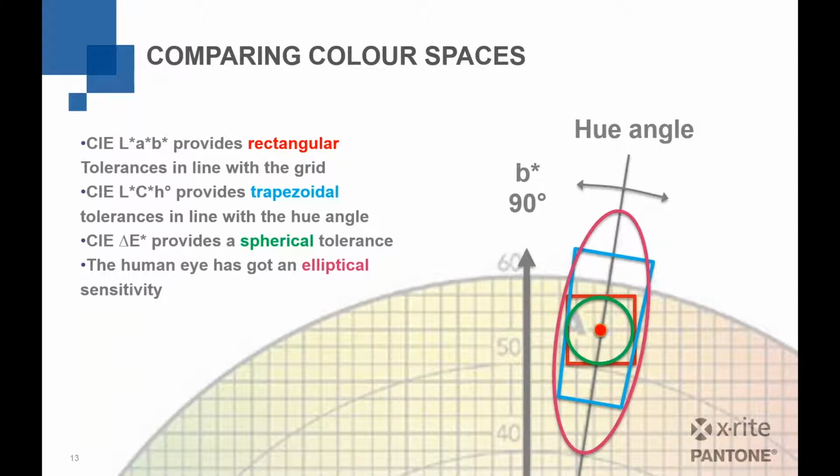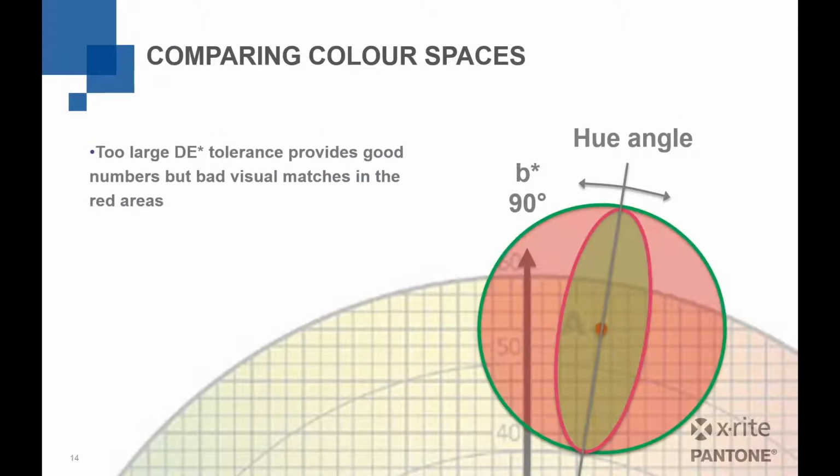But obviously in a more critical area of color space, the mathematical solutions might fall outside of the area the eye would say is a pass, or a fail. So if we set that delta E too large, you can see here there's quite a big area where the mathematics would say pass, and visually we wouldn't.